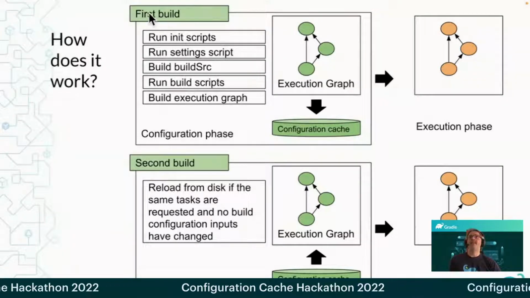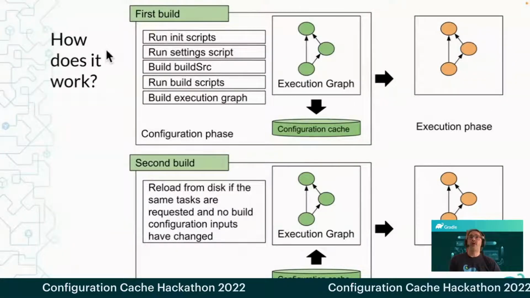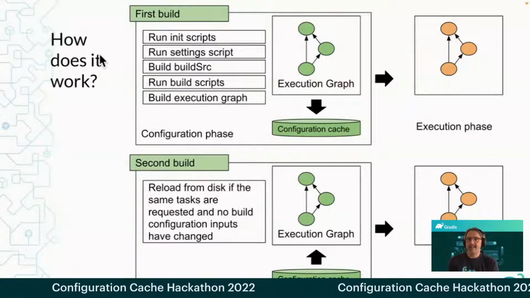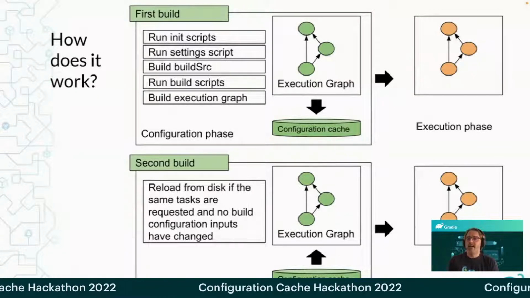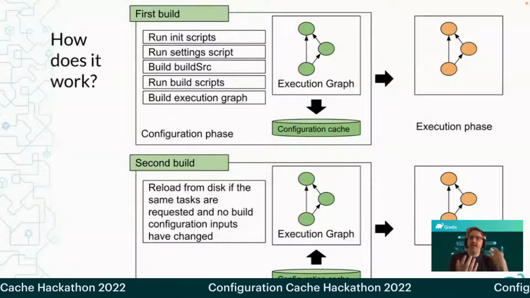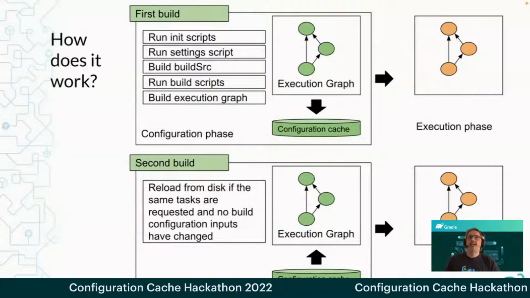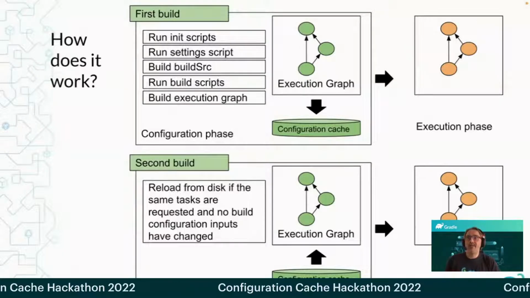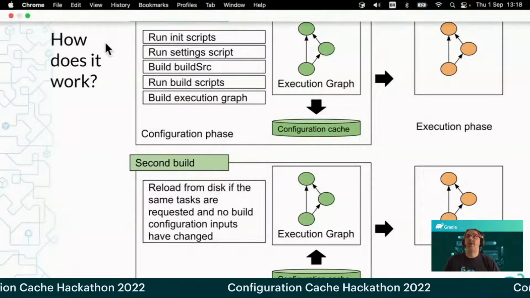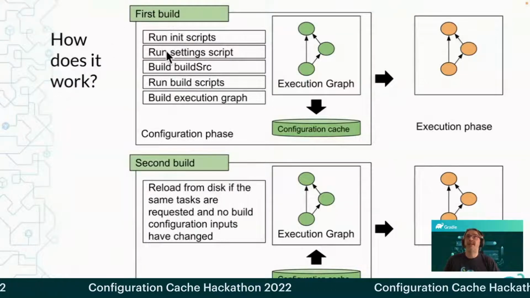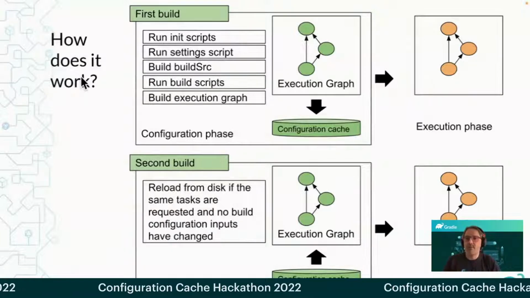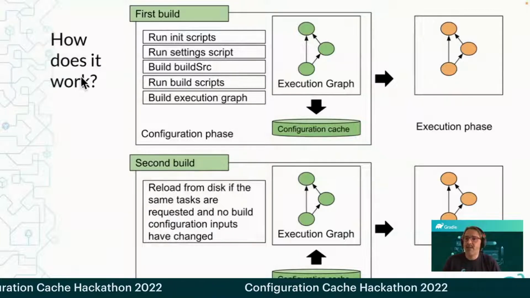So in the first build, right, we're going to have Gradle executing all the phases as normal. We tend to say Gradle has two phases, the configuration and execution, but formally in the code, we define 3 phases. There is an initialization phase where Gradle will run init scripts and the settings script to figure out the structure of your build, which projects it has and all that.